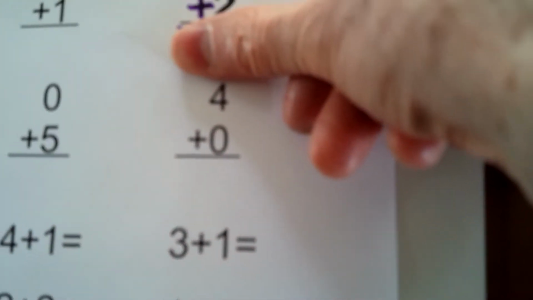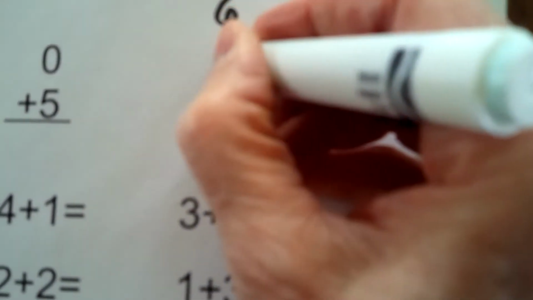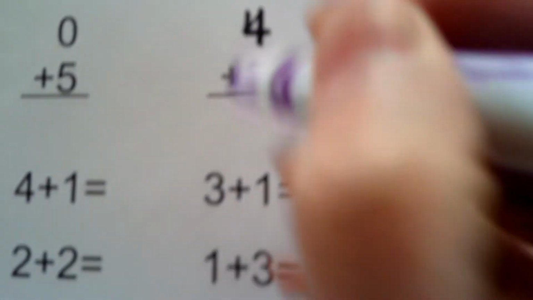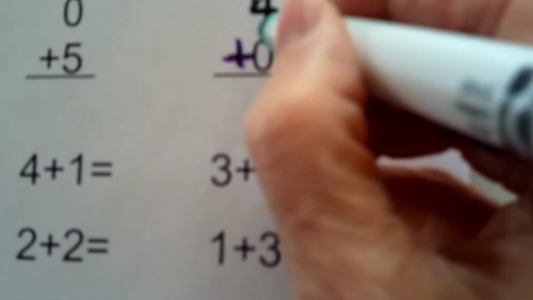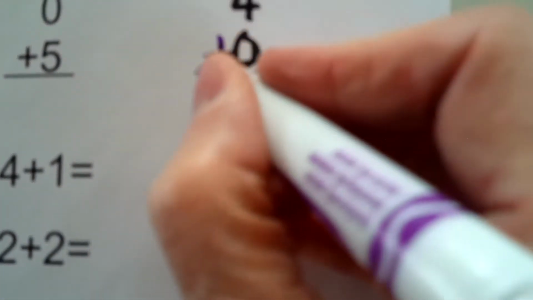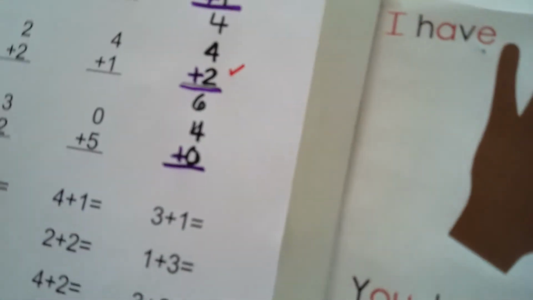Let's take a look at the next one, which is still a vertical one. Hiding that part. 4 plus 0. Let's do some tracing. I'm going to make the other 4 that I know how to make better. 4 plus 0 equals, and let's put this right here.